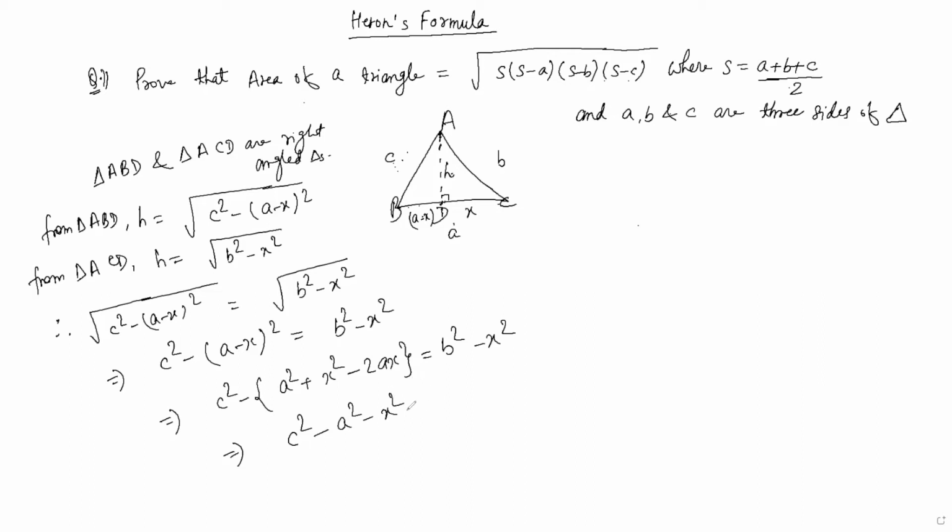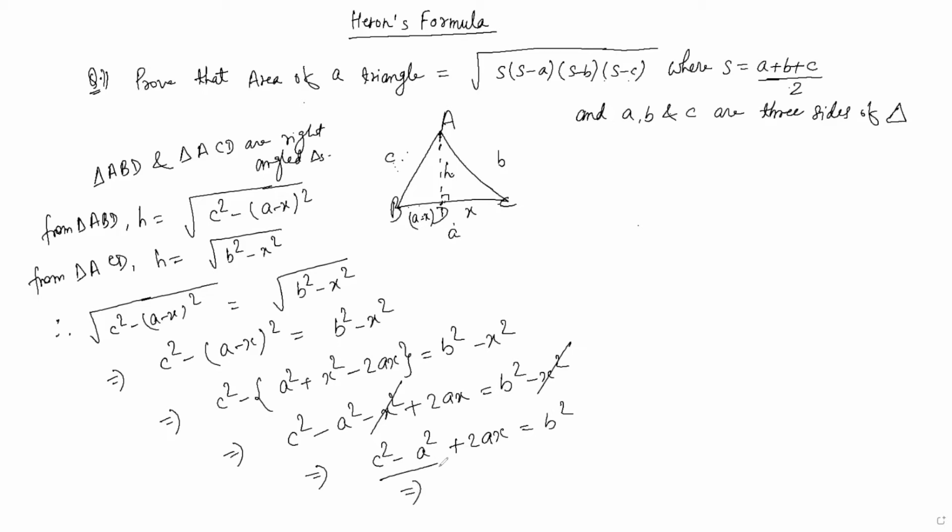Opening this bracket, it becomes something like this. Now x square and this x square both cancel out, so we are left with c square minus a square plus 2ax equal to b square.